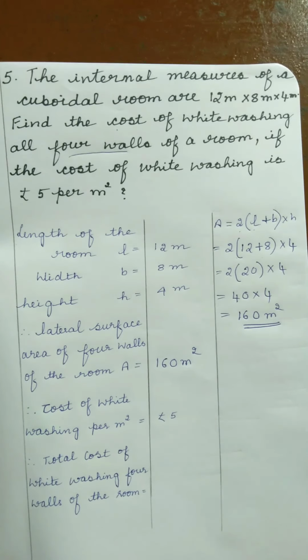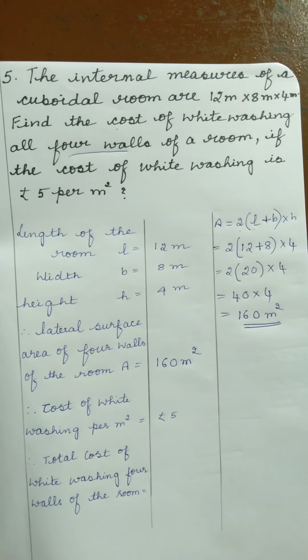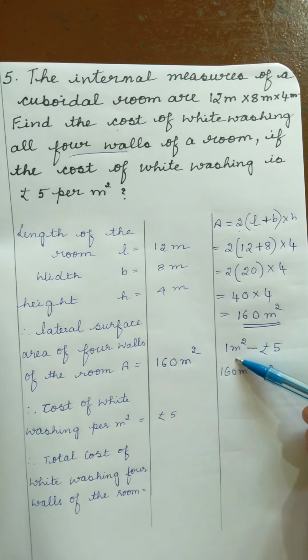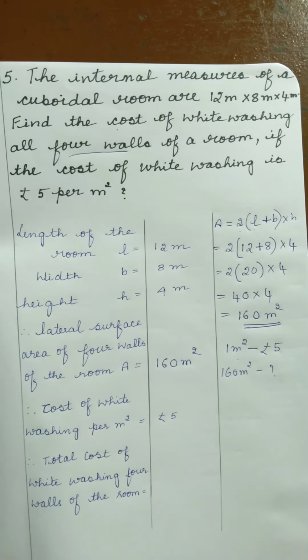We know that the cost of whitewashing per meter square is rupees 5. That means for 1 meter square it is rupees 5. Now we need to find the total cost of whitewashing the 4 walls of the room. For 1 meter square it is rupees 5, therefore for 160 meter square, how much will be the cost?